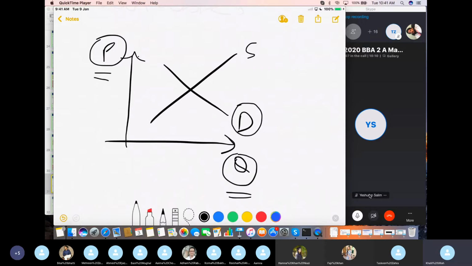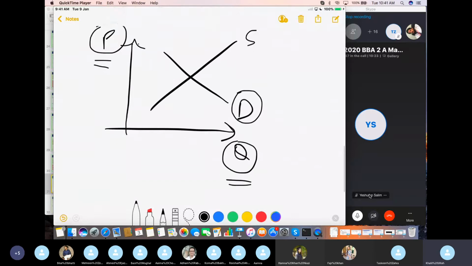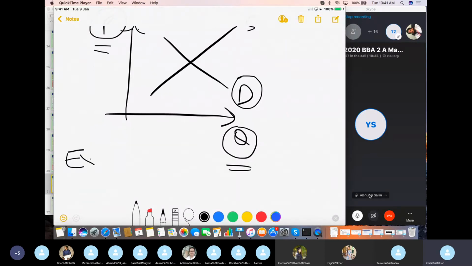So income is an exogenous variable. It's a variable that's outside this picture but affects this picture from outside. That's why income is called an exogenous variable for this particular model.